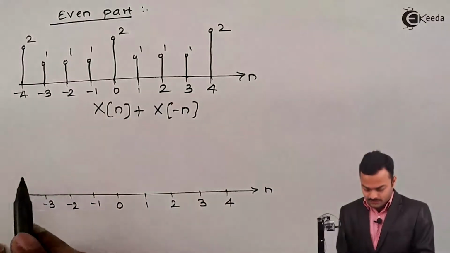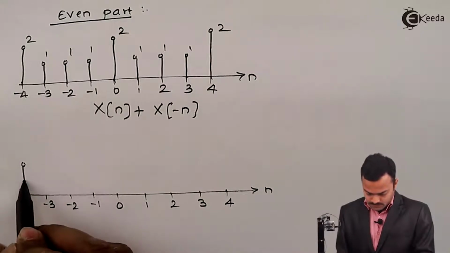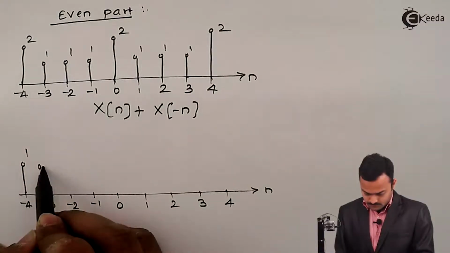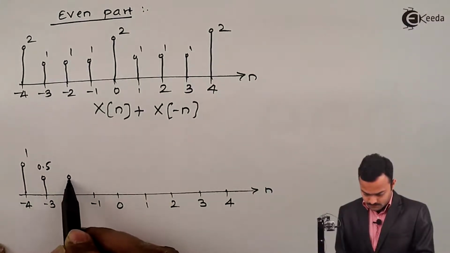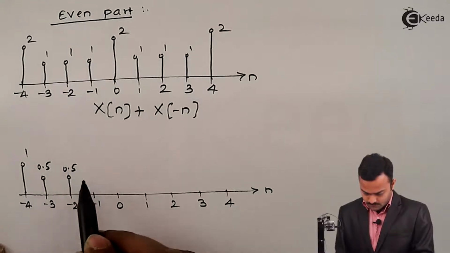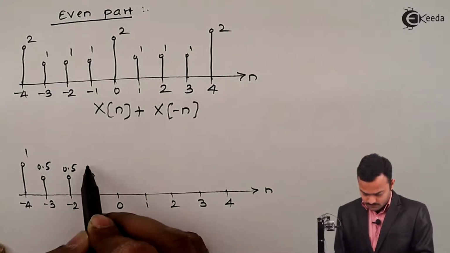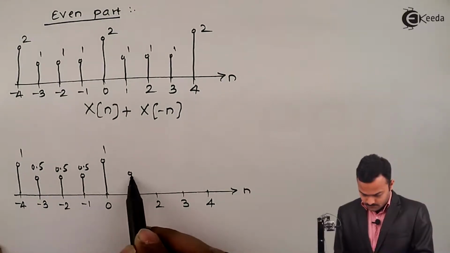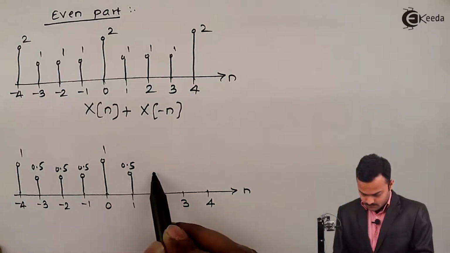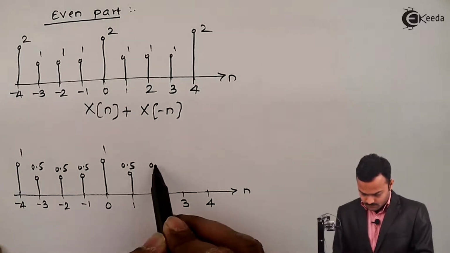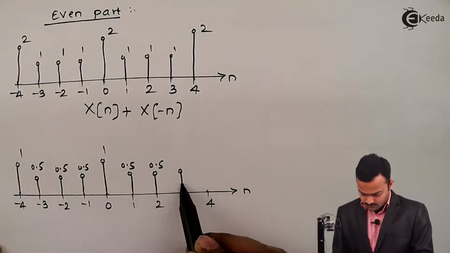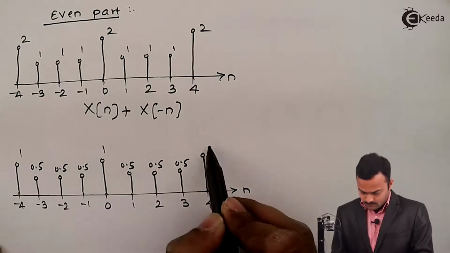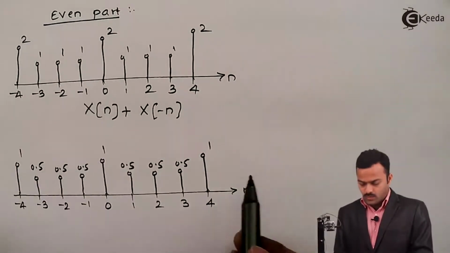Divide by 2, so we will have signals like this, which is symmetric about the y-axis.